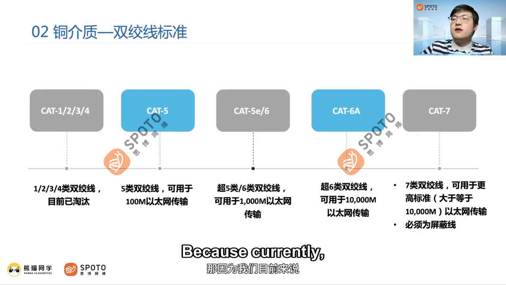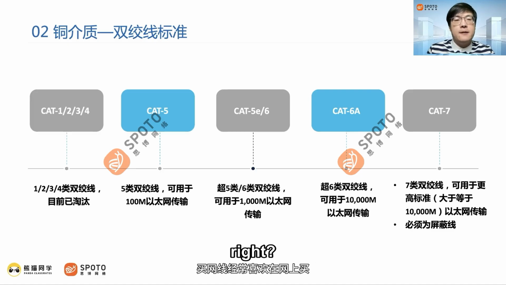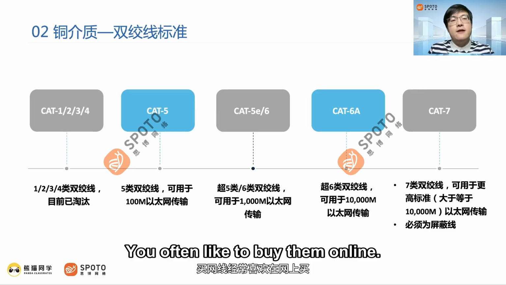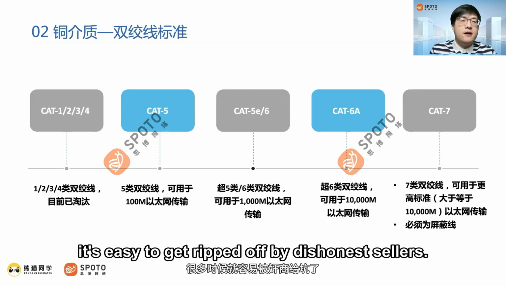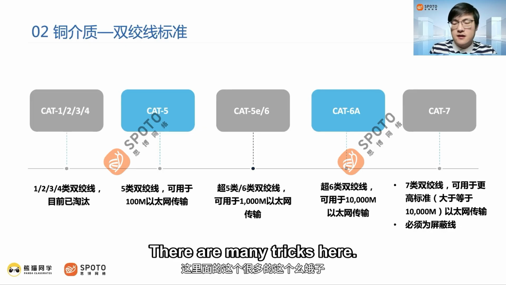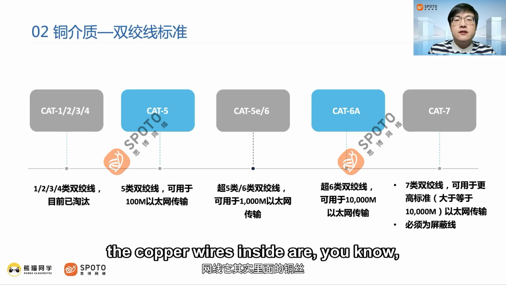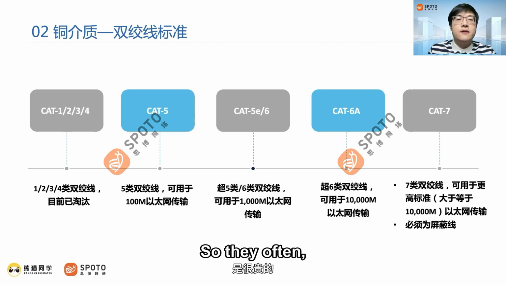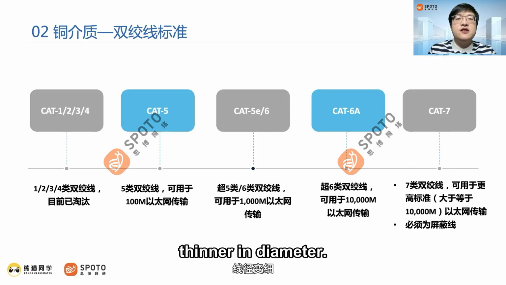Because currently, you often buy things online, right? When buying network cables, it's very easy to get ripped off by dishonest sellers. There are many tricks here. For example, with the network cable, they often will make the copper wires in your cable thinner in diameter.